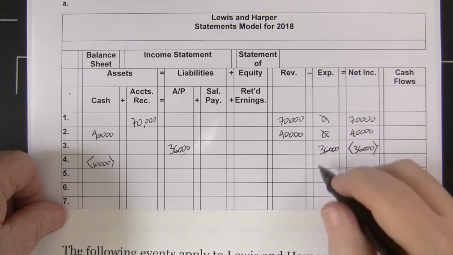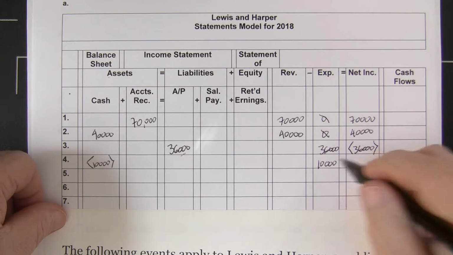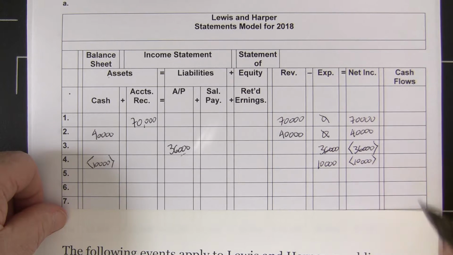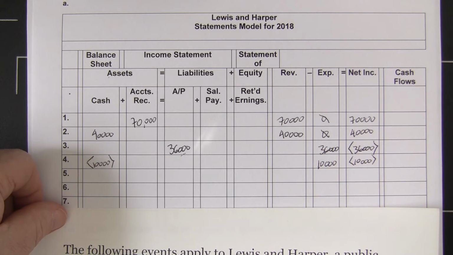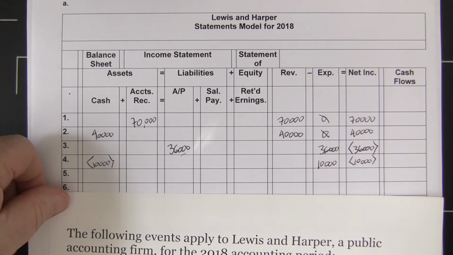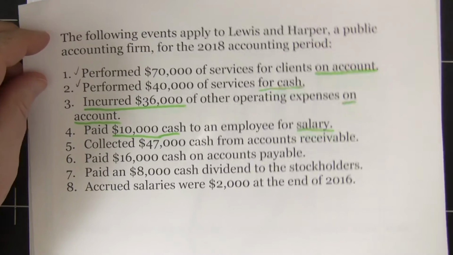We have to recognize an expense of $10,000, and that's a reduction in retained earnings or net income, which will close to the retained earnings. And it's really just a function of an expense.